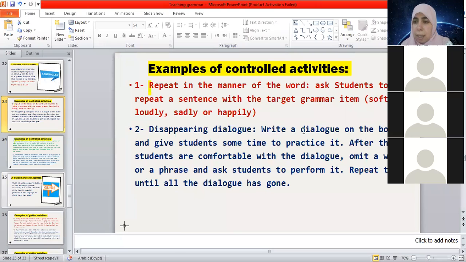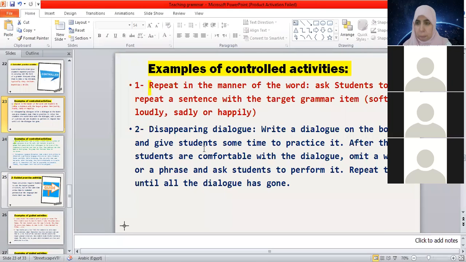You can make the conversation about, for example, the present perfect.